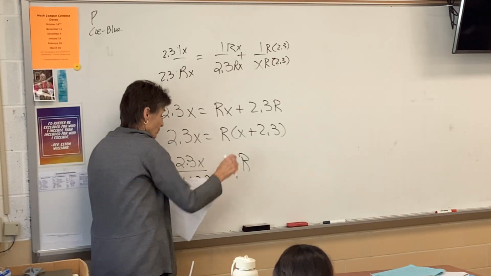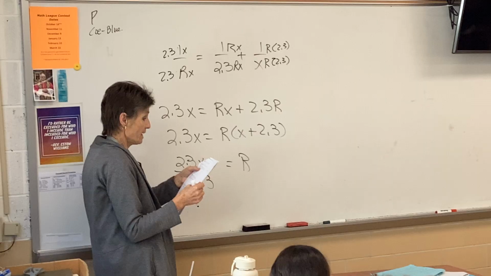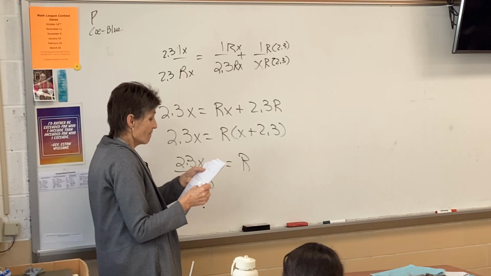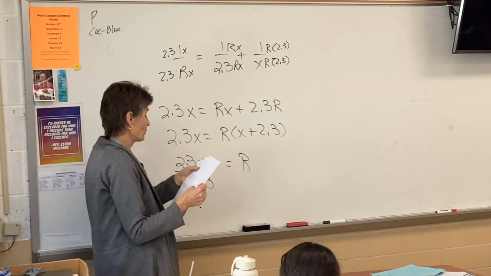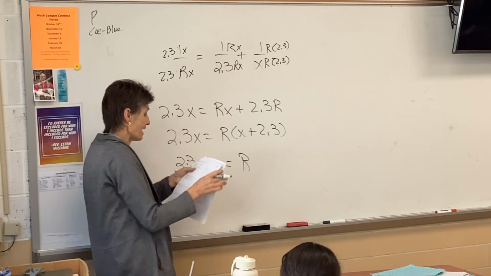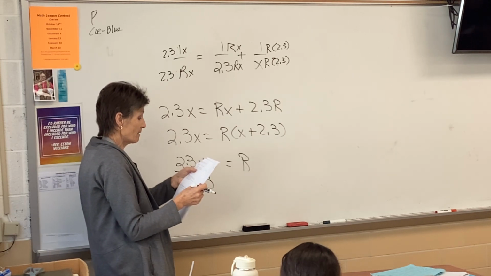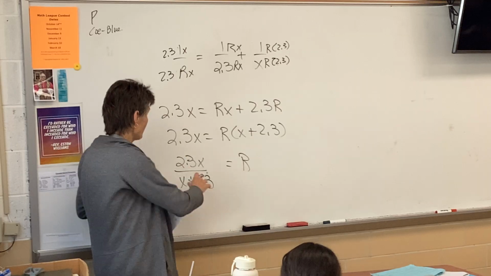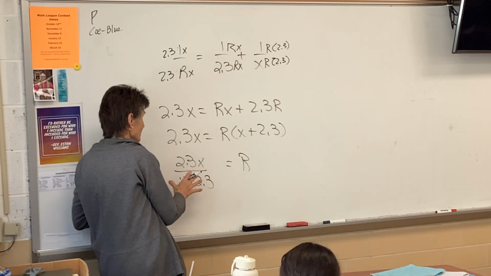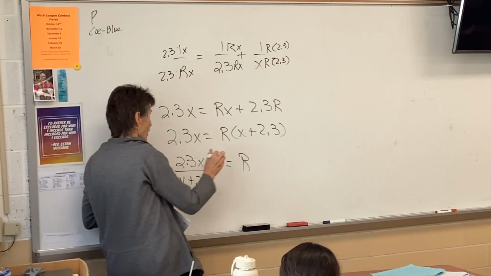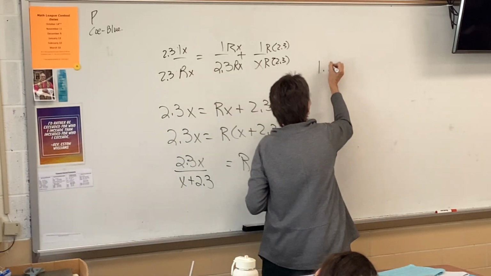This is the total resistance, and it says find the resistance of the second resistor. So find X if R is 1.7.